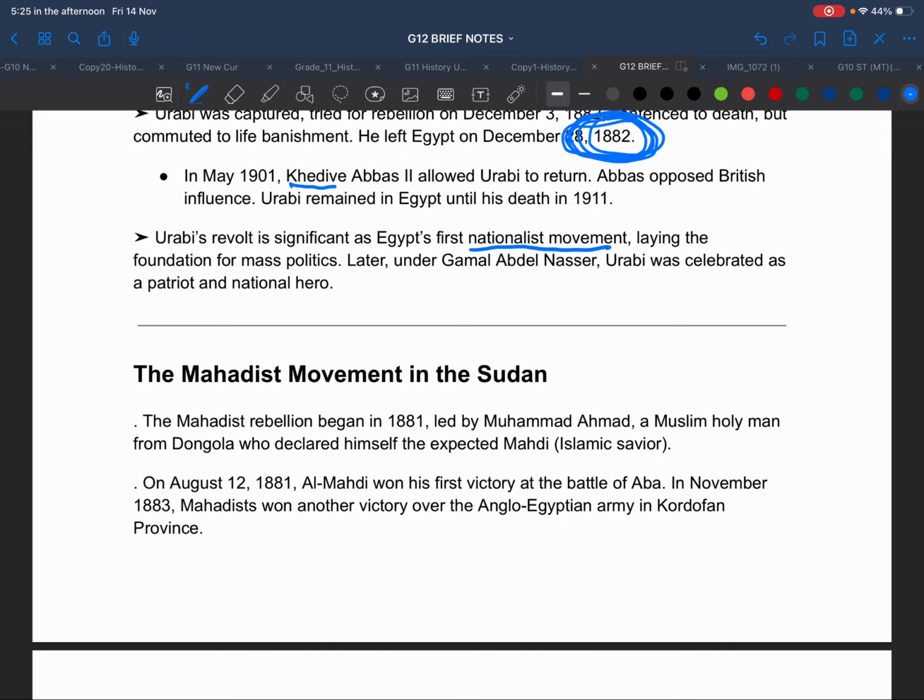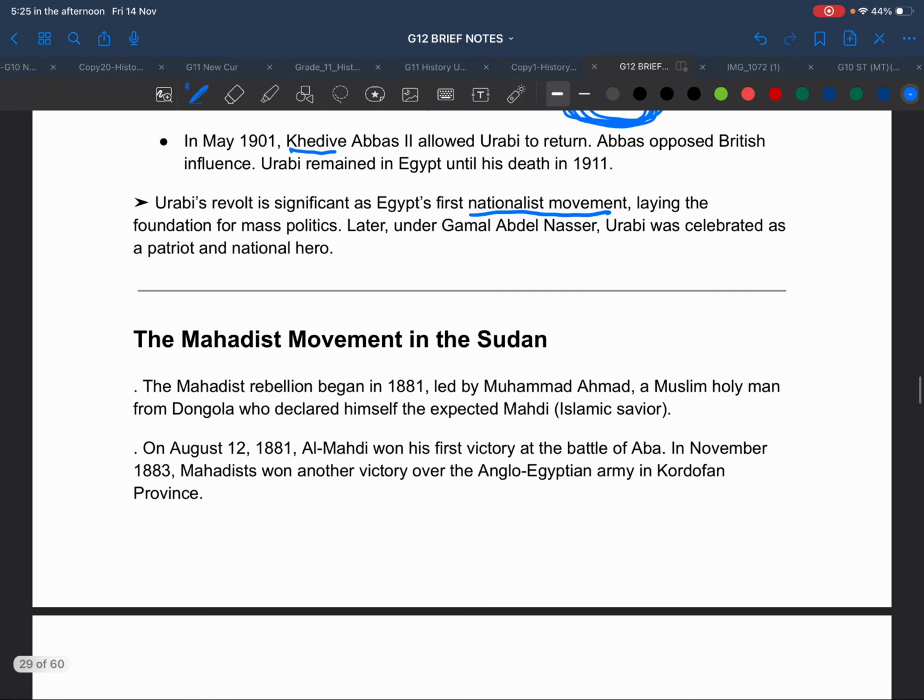The moment Gamal Abdel Nasser came to power by toppling King Farouk, he even drove out the British colonizers from the soil of Egypt. Nasser announced a day of celebration for Urabi as a patriot and national hero in Egyptian history.